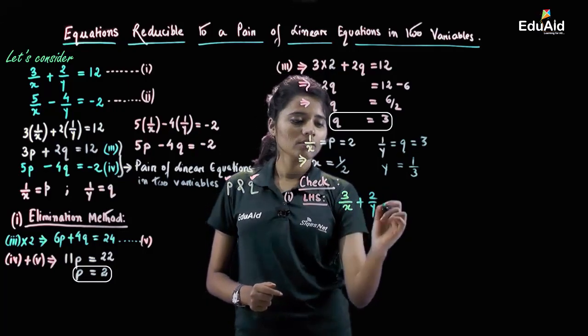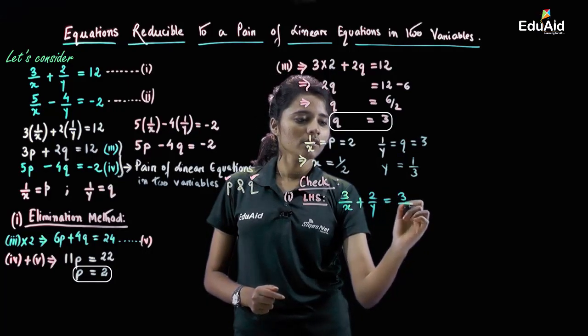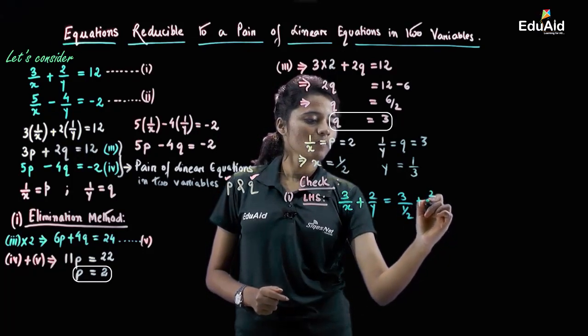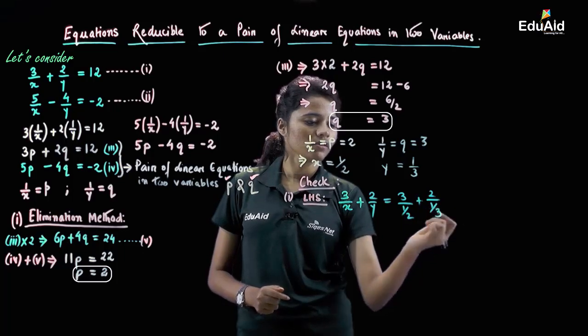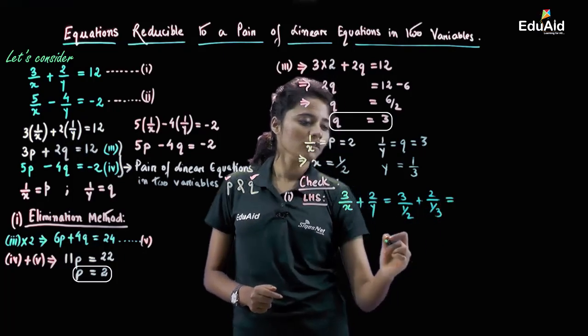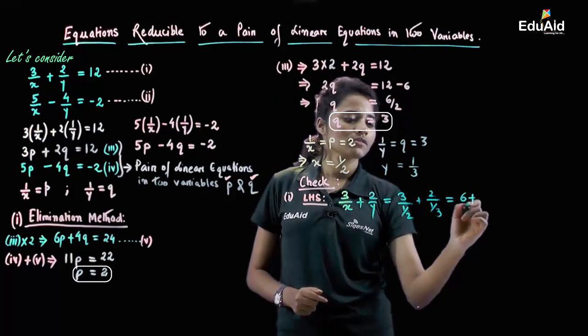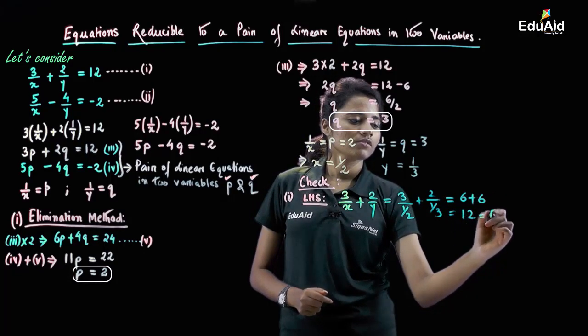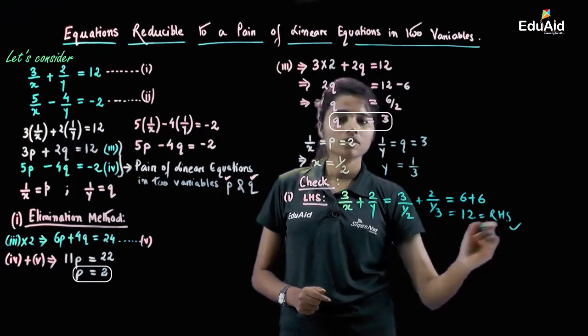So what will I get? 3 by x is 3 into 2, which is 6, plus 2 by y, where y is 1 by 3, 2 into 3 is 6. So this is equal to 12, which is equal to the right hand side. So this is correct.